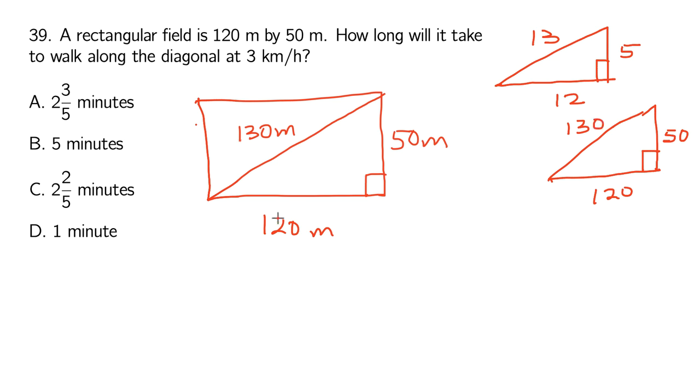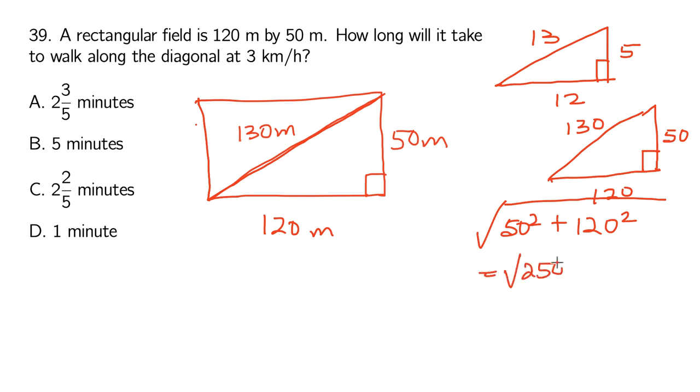But of course, you can also use Pythagoras theorem, which says that the length of this hypotenuse is going to be the square root of 50 squared plus 120 squared. So you can do this calculation. 50 squared is 2500. 120 squared is 14400.